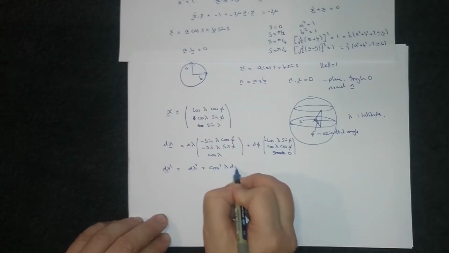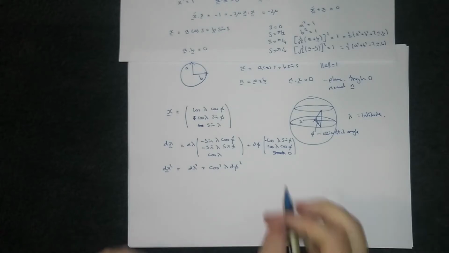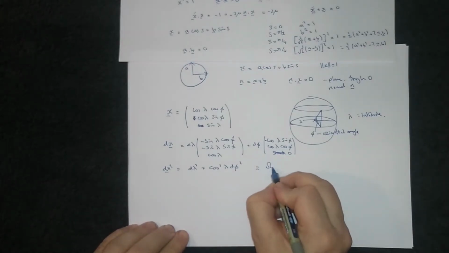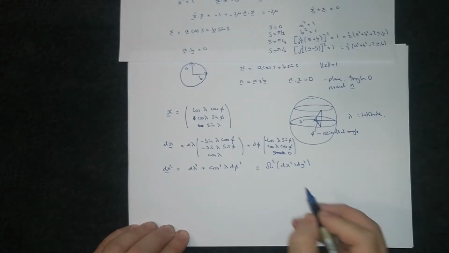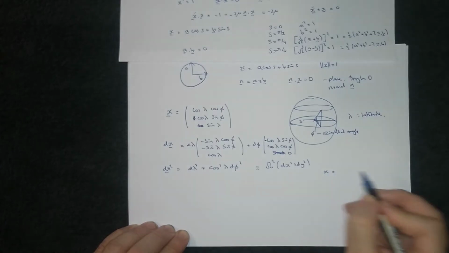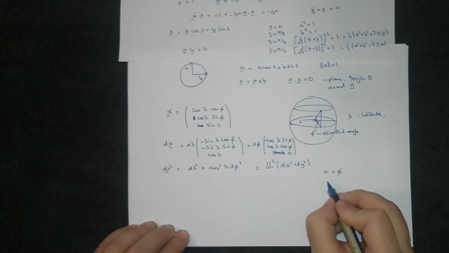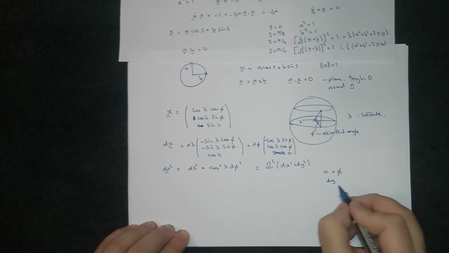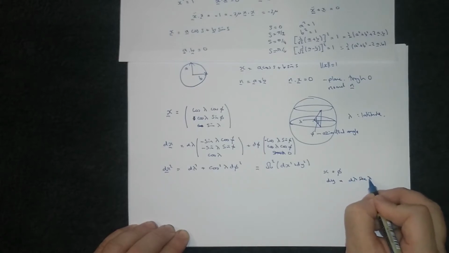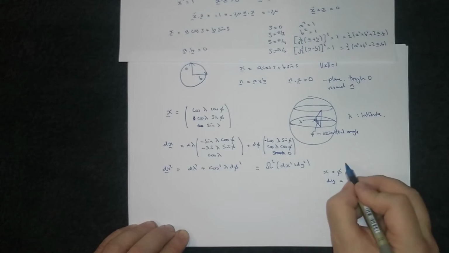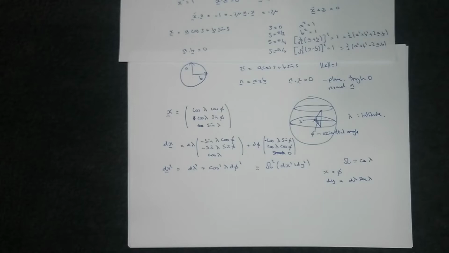Cos squared lambda in there, which I can write as omega squared times dx squared plus dy squared, where the azimuthal angle I now write as x, and dy is d lambda times sec lambda, and omega is cos lambda.